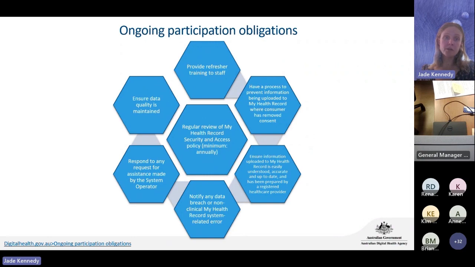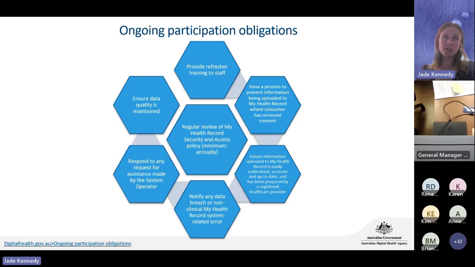The other requirements concern, and this is quite an important one I mentioned earlier, the data breach notification requirements, or the requirement to notify any non-clinical My Health Record system related errors. These requirements are set out in Section 75 of the My Health Records Act.